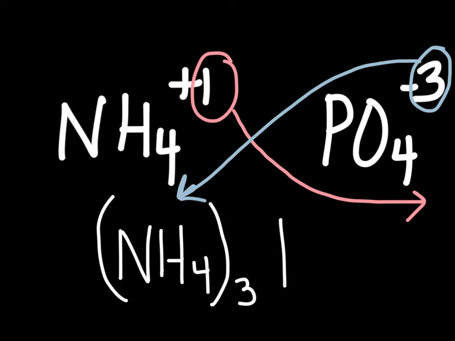And then we have our final polyatomic ion, PO4. Because no number has to be written as an additional subscript for PO4, because we don't write ones, the PO4 does not have to be in parentheses. So our final formula is ammonium in parentheses with a subscript of 3, and then phosphate. Please pause the video and write this example in your notes.